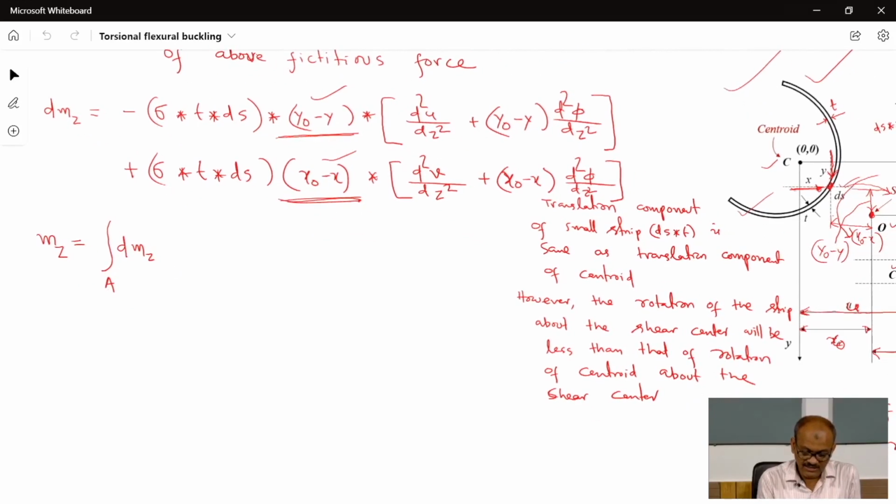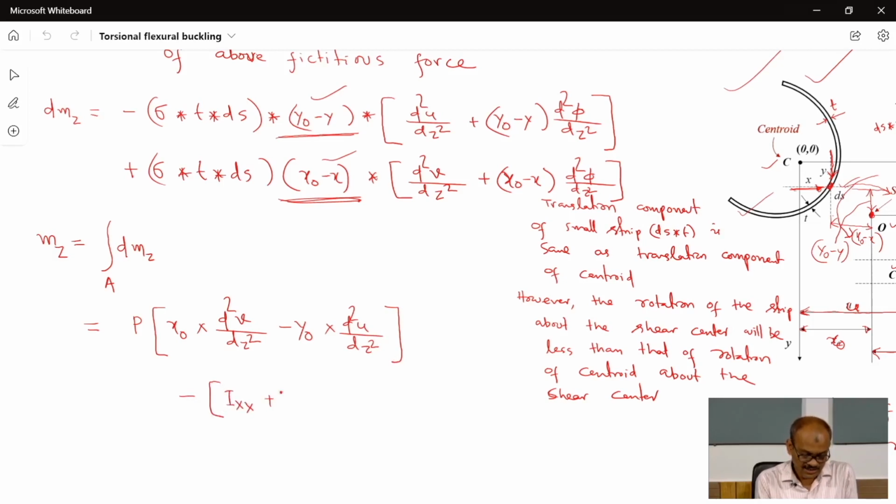If you integrate it, that will become P into (x naught multiplied by d square v by dz square minus y naught into d square u by dz square) minus (Ixx plus Iyy plus A into (x naught square plus y naught square)) multiplied by P by A into d square phi by dz square.